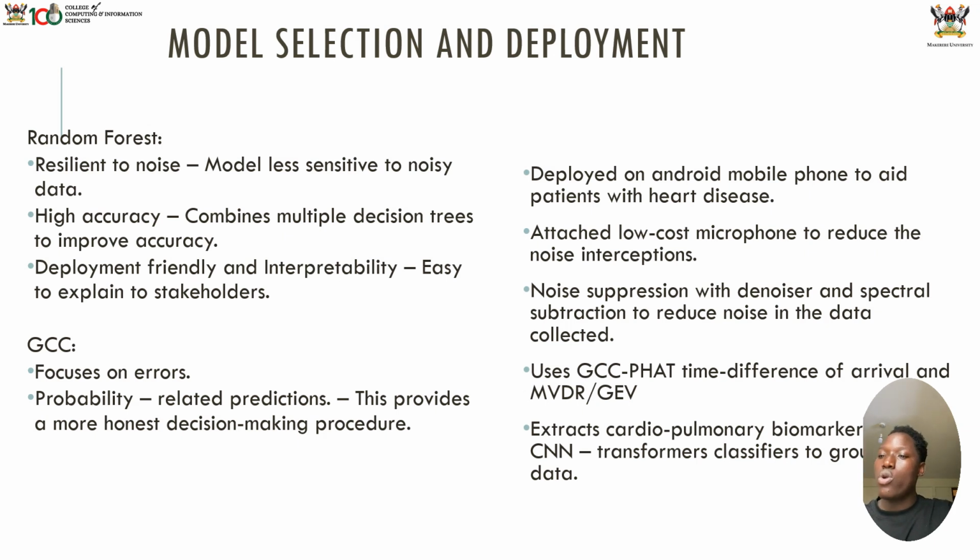So it is attached to a low cost microphone to reduce the noise interception. You have noise suppression with the noise reducer and spectral subtraction to reduce noise in the data collected.